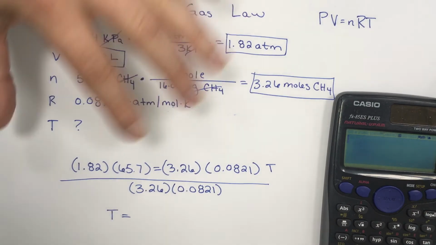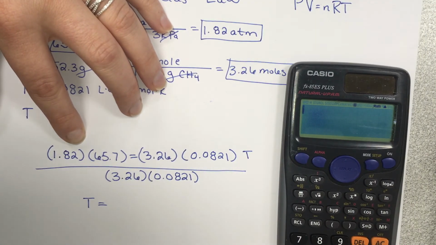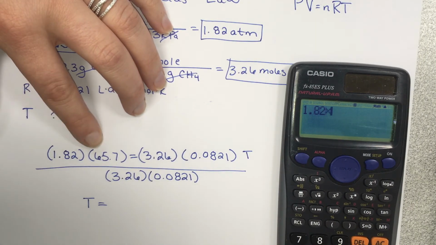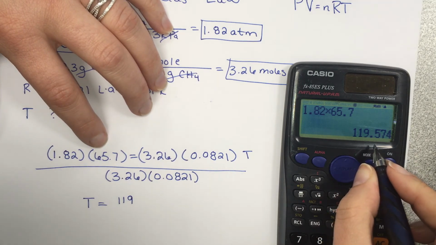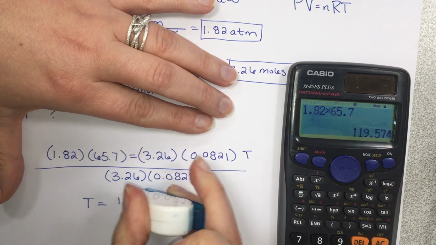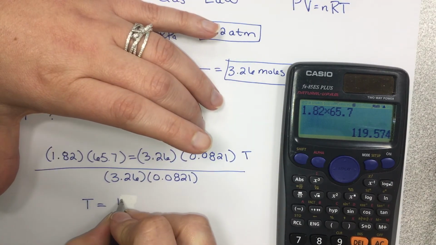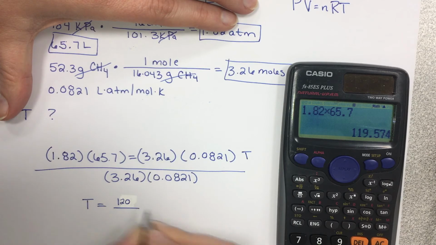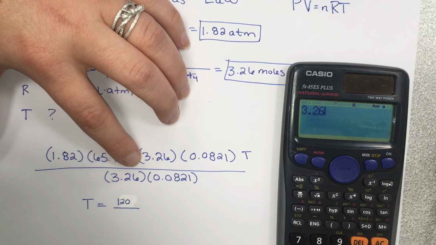So now we just calculate it. T will equal 1.82 times 65.7. So 119. We have 3 significant figures, so this actually needs to be 120. Okay, and then we need to take this, 3.26 times 0.0821.